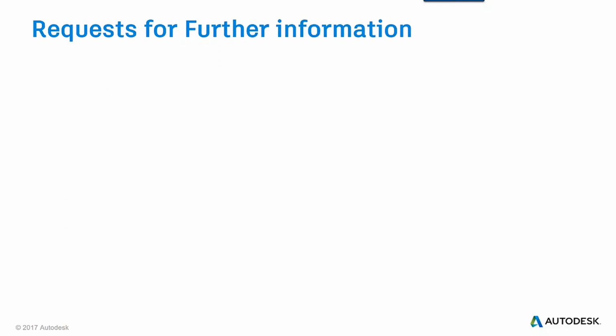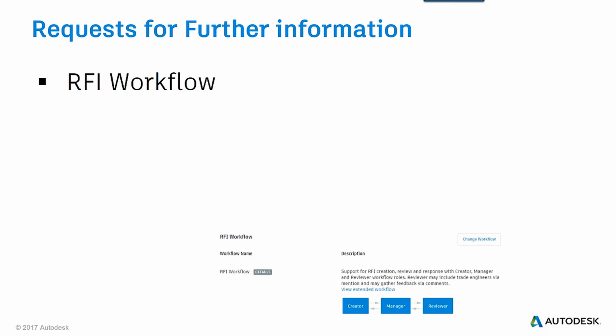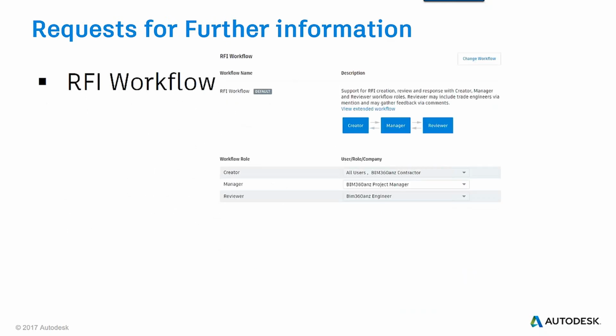Docs also has an RFI process, or an RFI workflow, in place. If you go into your management area, you can see there's a workflow that you can define, and the workflow allows you to specify which users, roles or companies can create, manage and review an RFI.